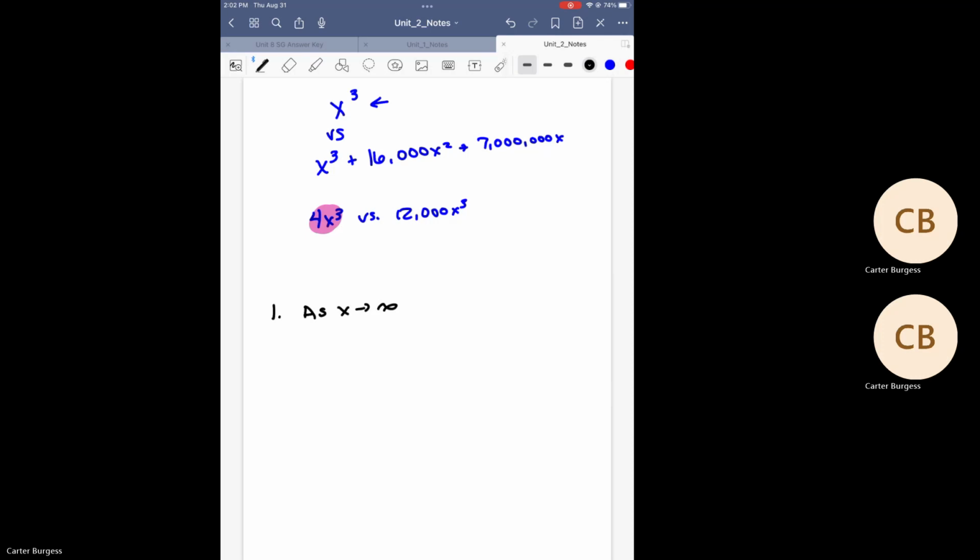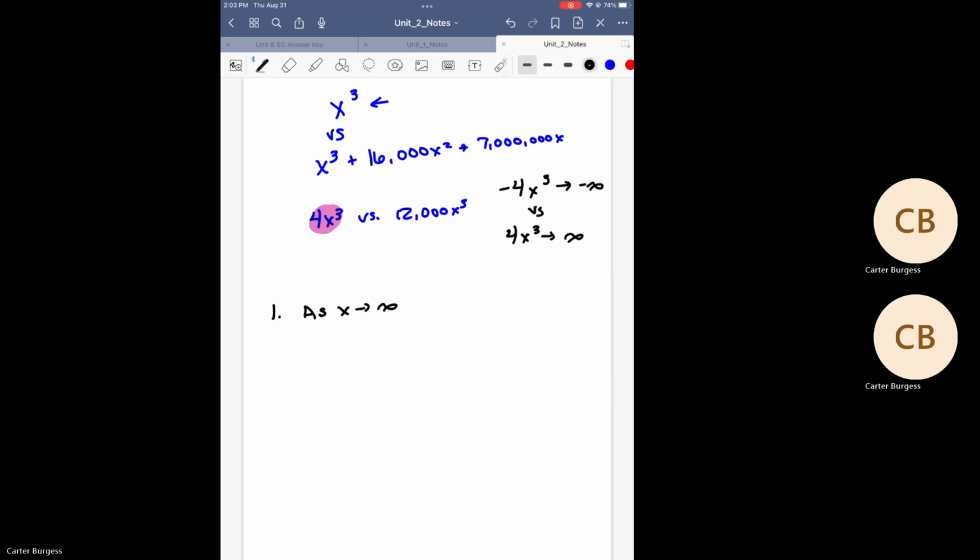For instance, if I'm looking at negative 4x cubed, for a very large positive value of x, this value goes towards negative infinity. Versus something like positive 4x cubed, where for very large values of x, it goes towards positive infinity.